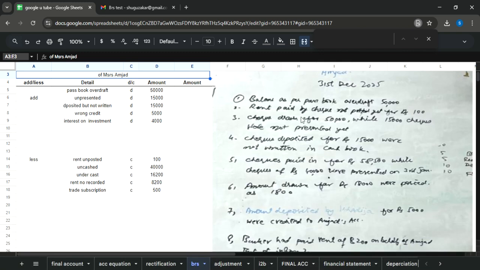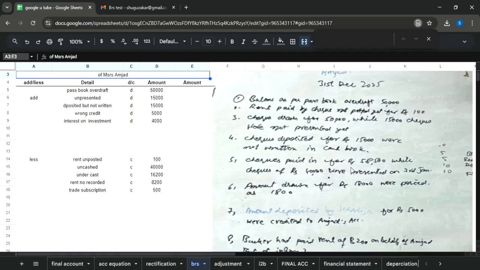And then cheques drawn 50,000. 15,000 cheques were not presented, debit 15,000. Alright. Cheque deposited for 15,000 were not written, that again is debit 15,000. Cheques paid in for rupees 58, while cheques of rupees 40,000 were uncashed. So credit 40,000.